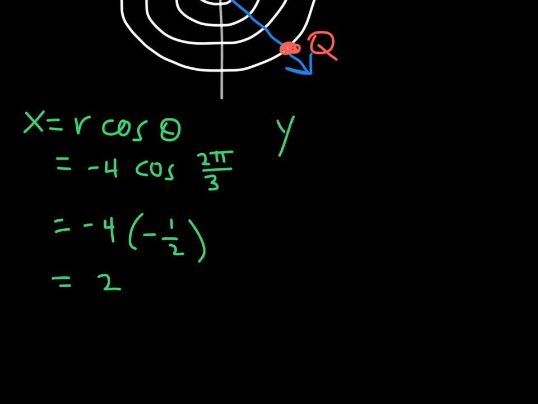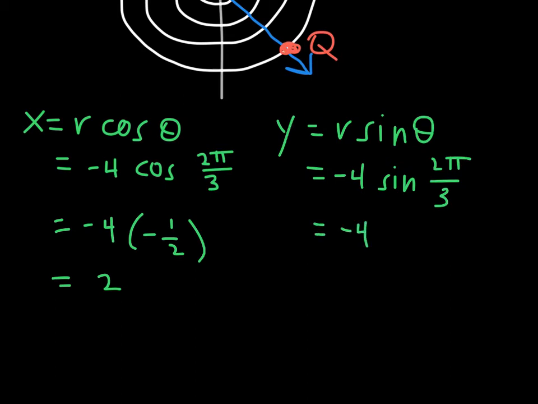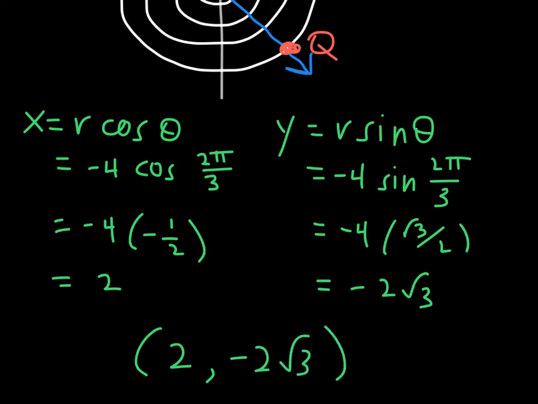Y will be equal to the product r sine theta, so it'll be -4 times sine of 2 pi over 3, so it'll be -4 times positive root 3 over 2, so it'll be -2 root 3. So the coordinates are 2, comma, -2 root 3.